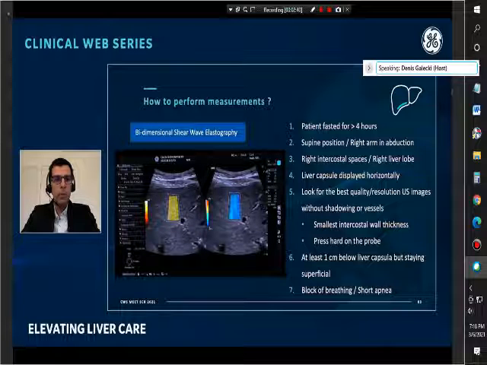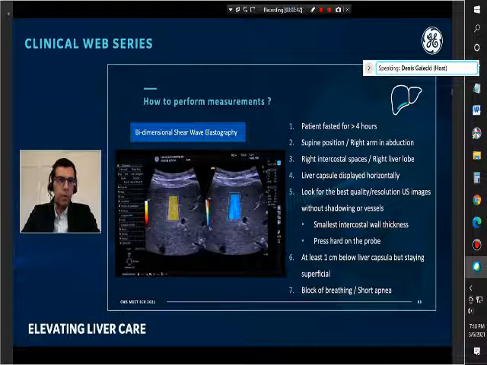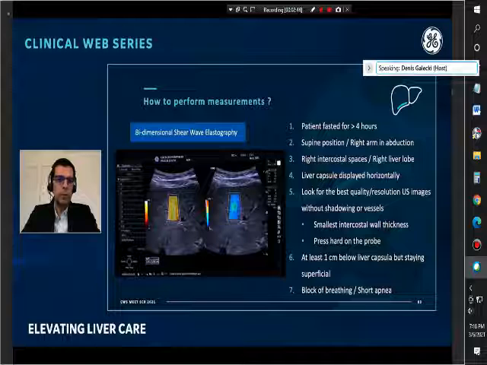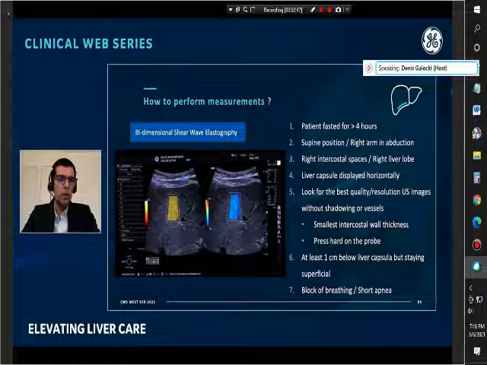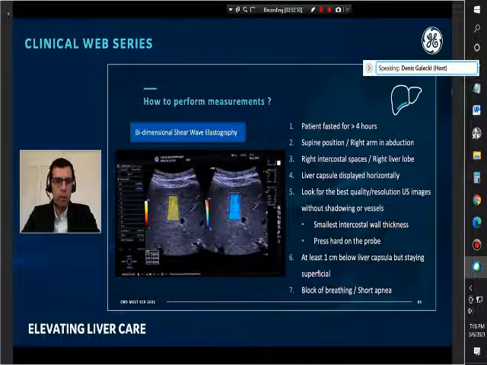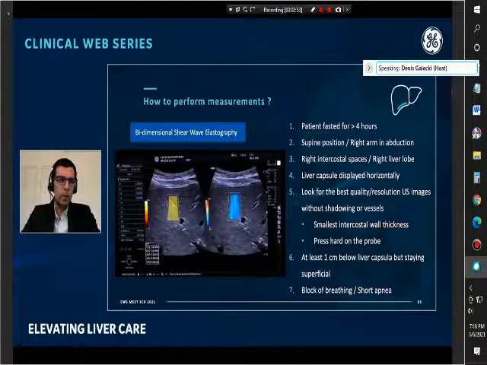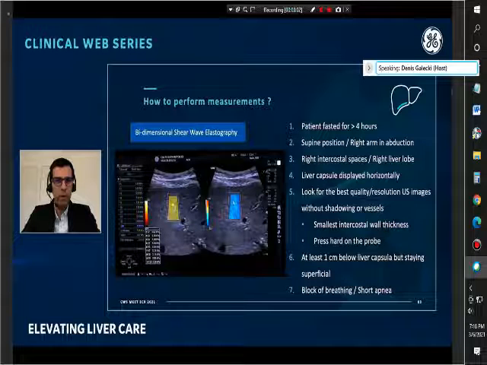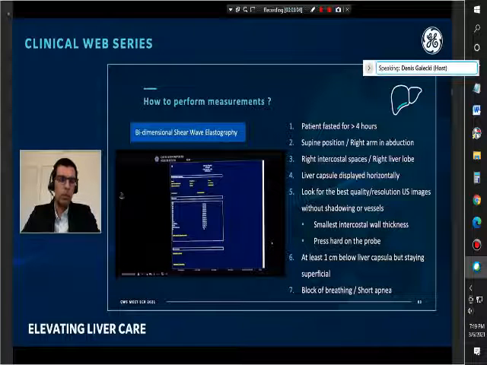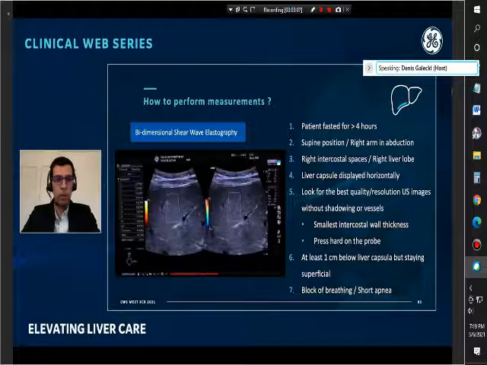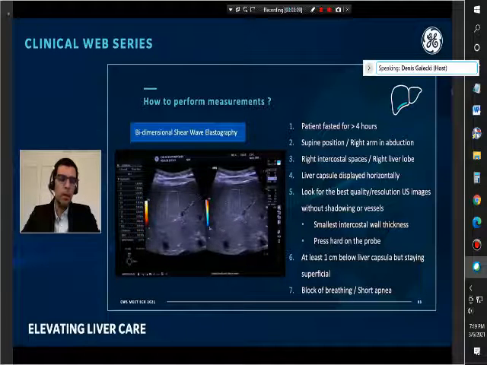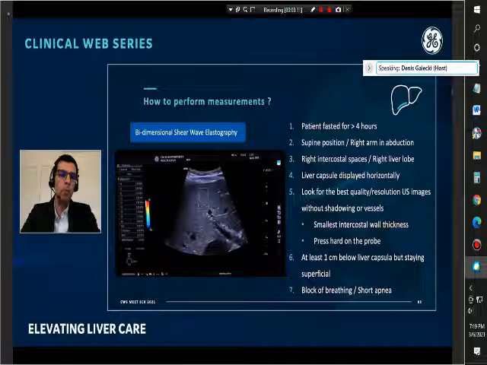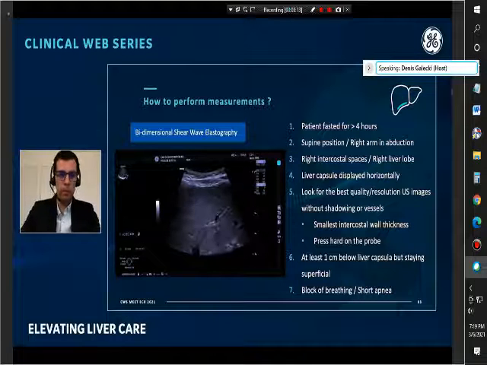You will target the right liver lobe through right intercostal spaces with the liver capsula displayed horizontally, and importantly, you will look for the best quality, the best resolution ultrasound images without any shadowing or any large vessels. So to that purpose, you will look for the smallest intercostal wall thickness, and very importantly, you should press hard on the probe.